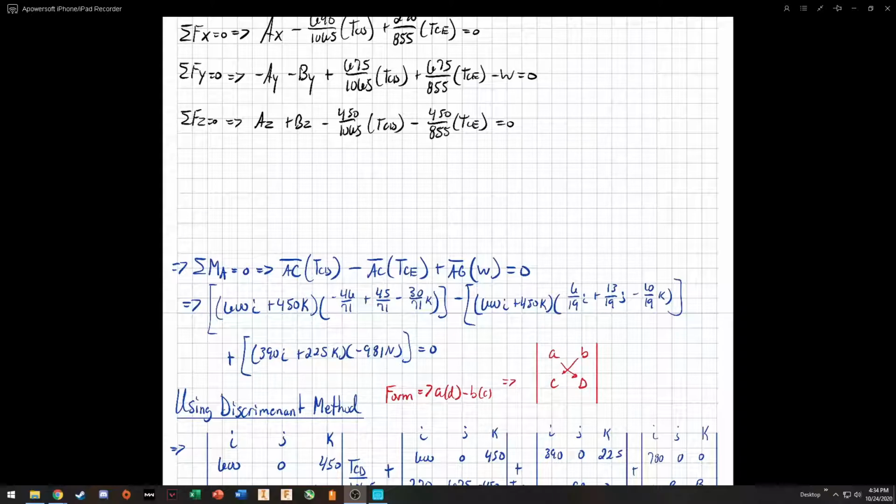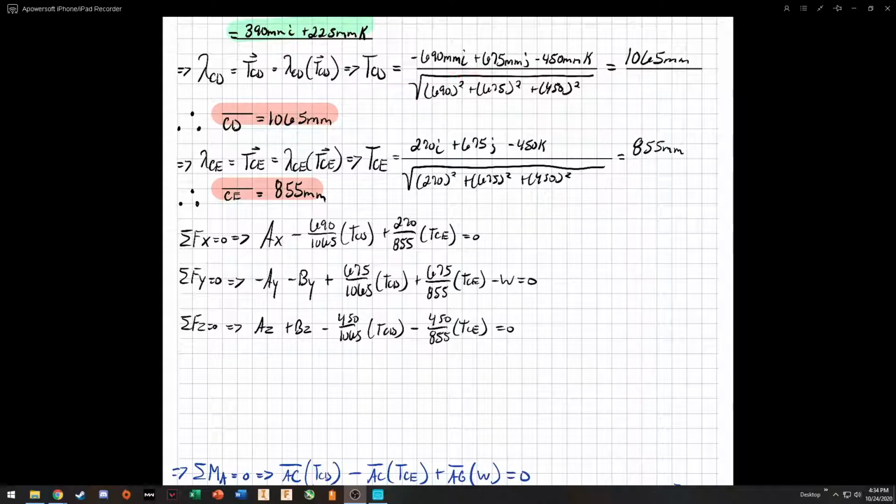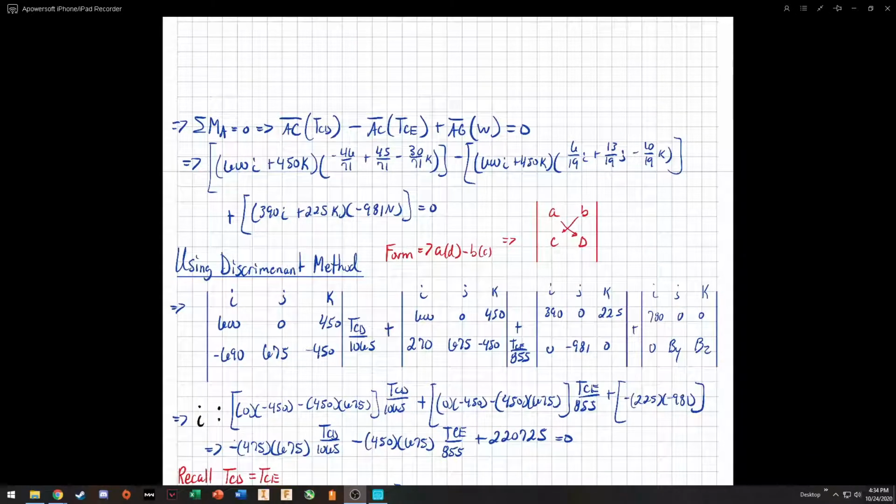But when I use the discriminant method, I'm going to break them back up into these forms to make it a straighter path. Continuing on, we get minus our length AC, which is 600i plus 450k, times our tension CE. Again, I simplified it down from doing that over the total distance I found, which is 855.